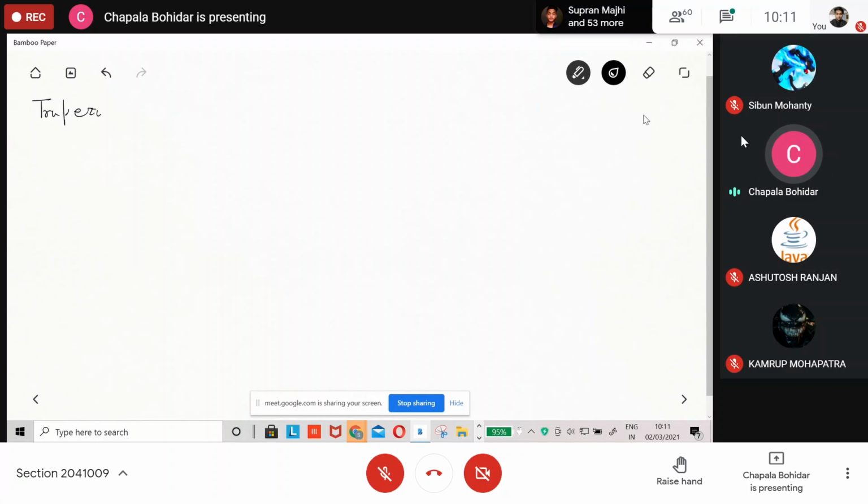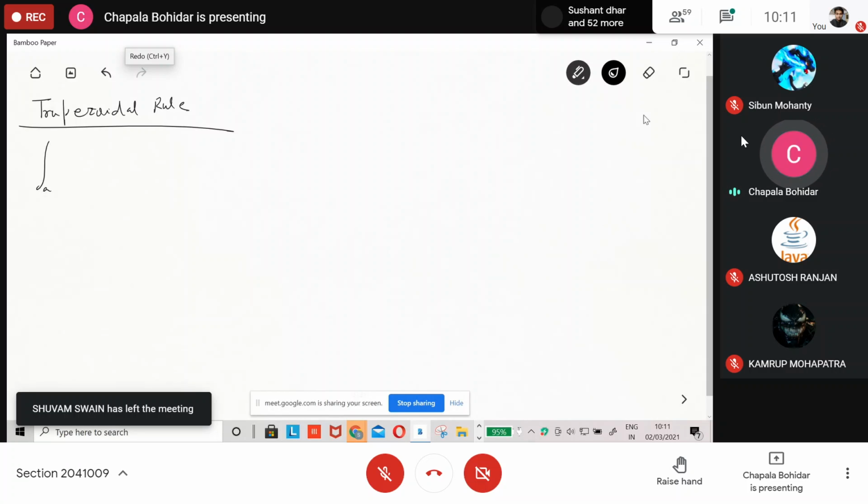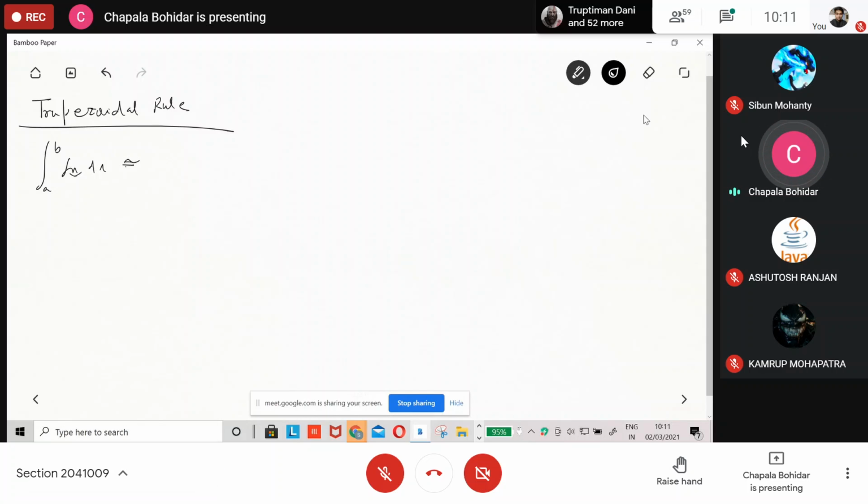Trapezoidal rule. The integration from a to b of f(x) dx is approximately equal to Tn, that is your trapezoidal rule.